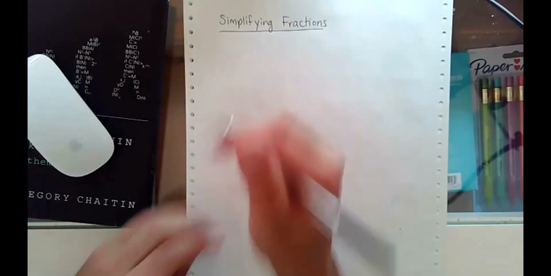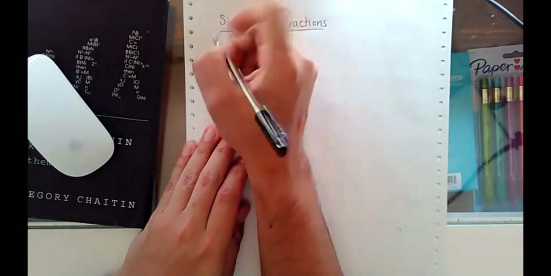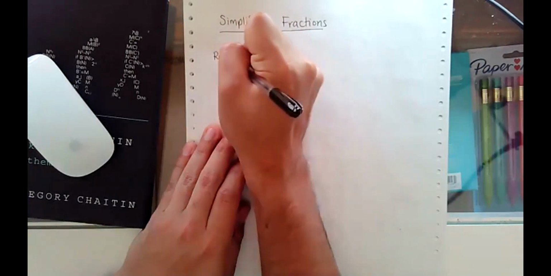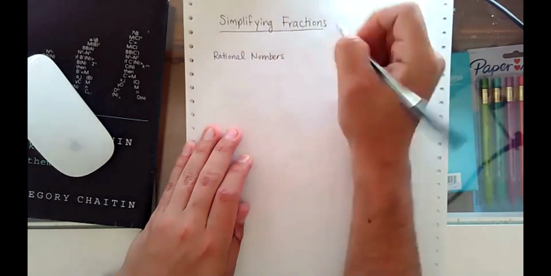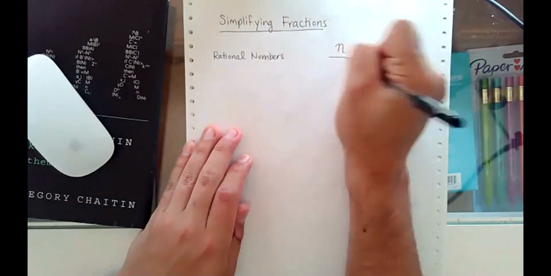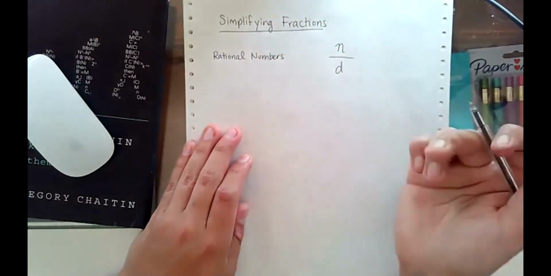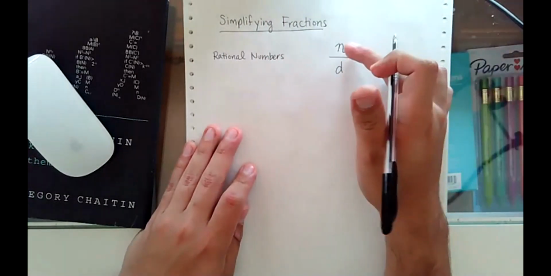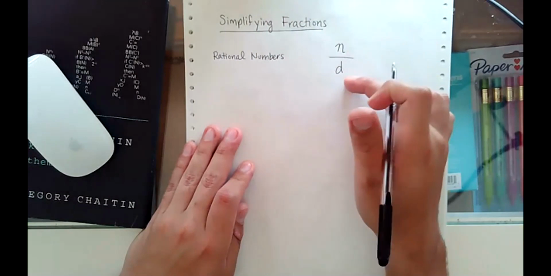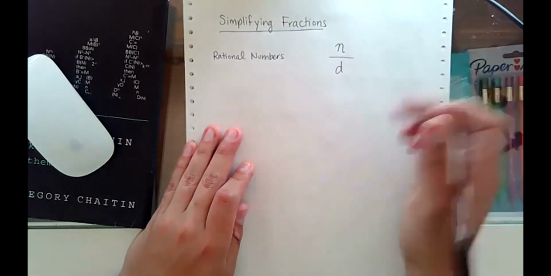So when we talked about fractions at the beginning of this lecture, I called them rational numbers. And they're written in the form n over d, where n is the numerator, d is the denominator. In some sense, you could think about this number on top being divided by the one on the bottom.